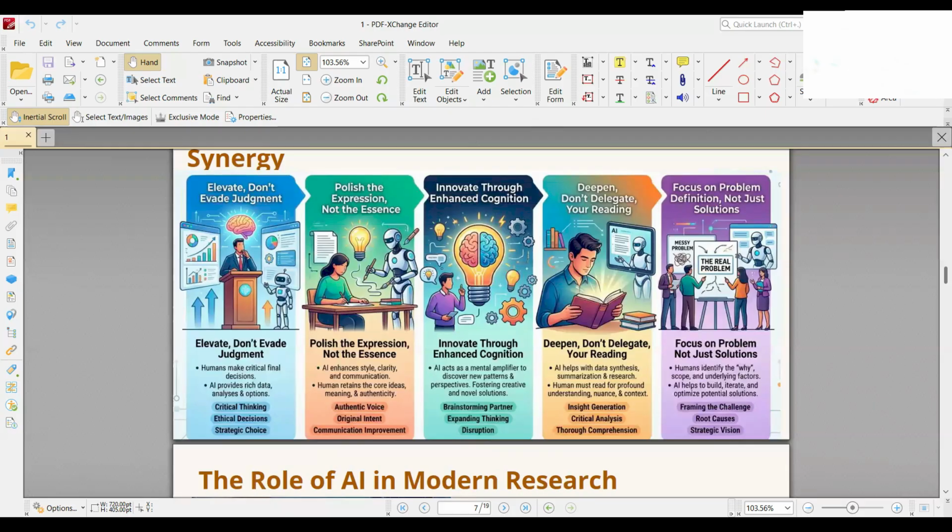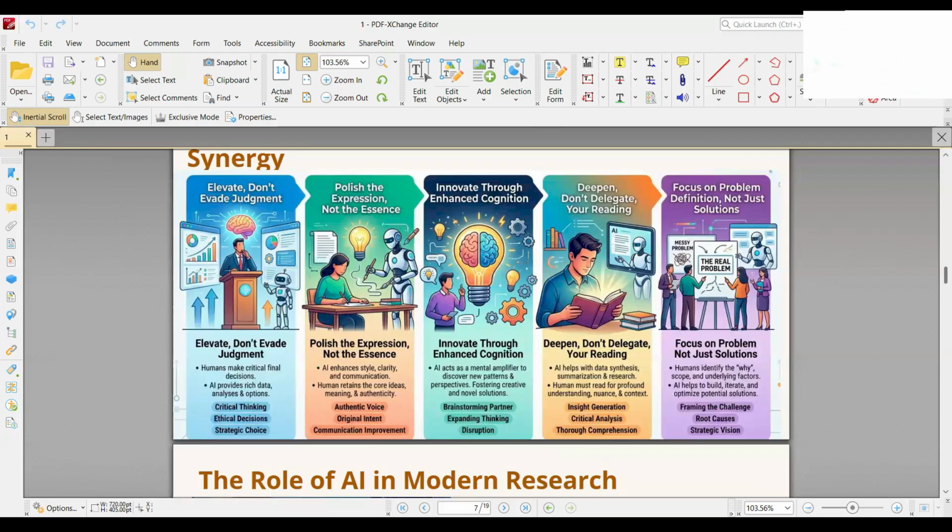AI can help you discover novel patterns, break down complex concepts, and explore different perspectives. By using the technology as a collaborative brainstorming partner, you open the door to deeper disruptions and creative problem solving that pushes past traditional boundaries.